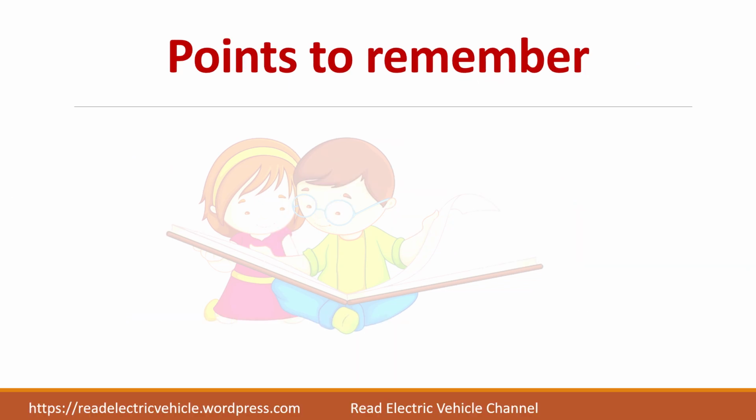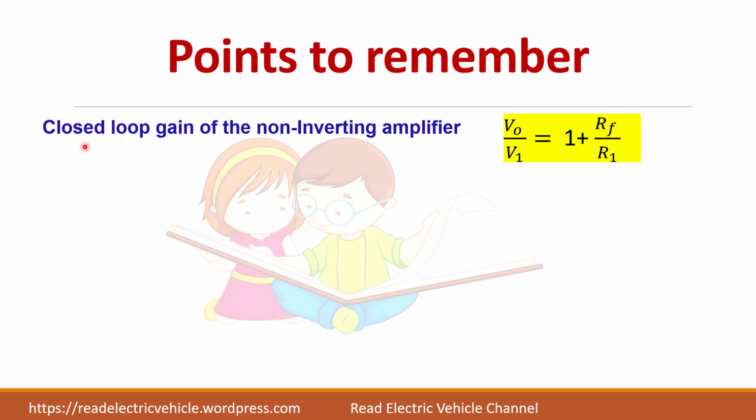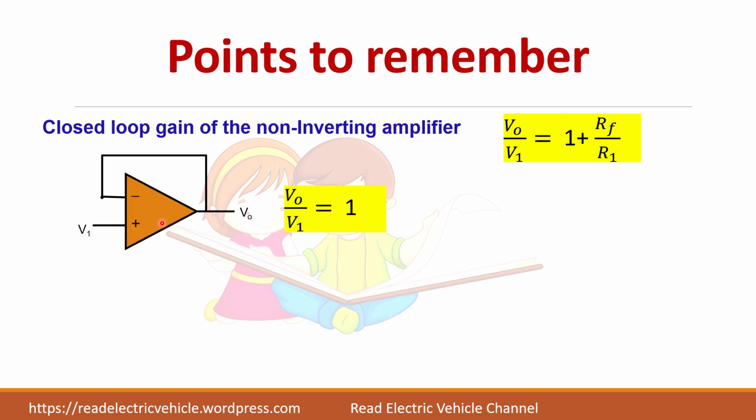So let us summarize what we have seen here. We saw about the non-inverting amplifier. The closed loop gain of the non-inverting amplifier is 1 plus RF by R1, where RF is the feedback resistor and R1 is the input resistor. A slightly modified version of the non-inverting amplifier is the voltage follower circuit, where you make RF equal to 0 and R1 an infinite value.